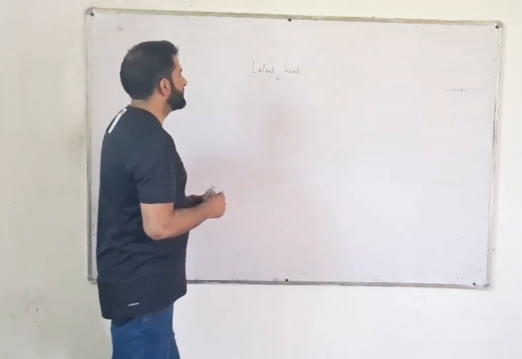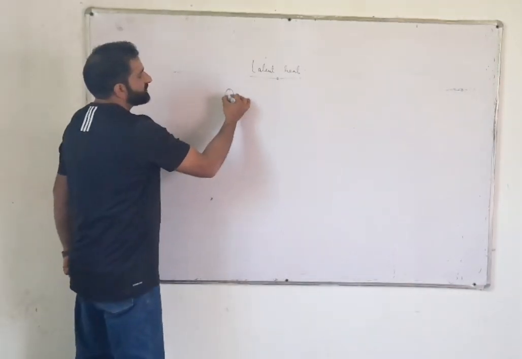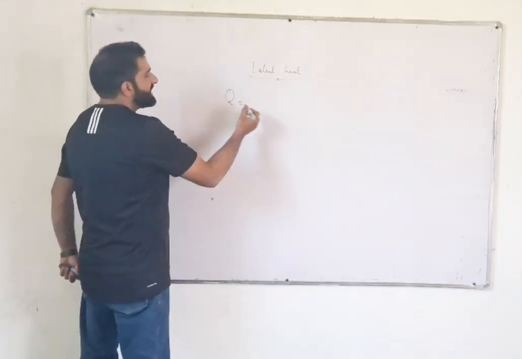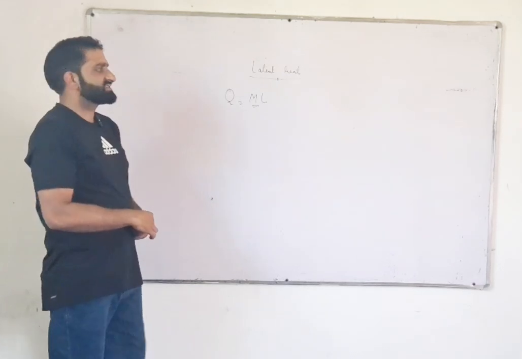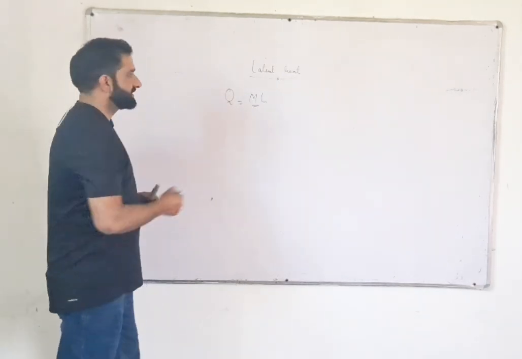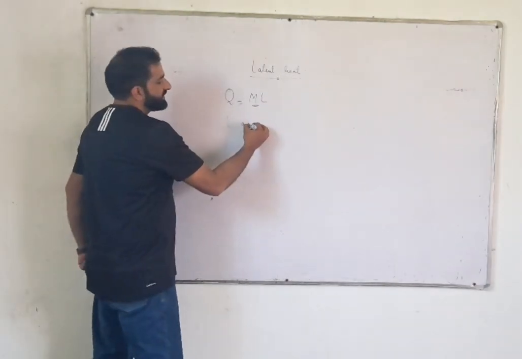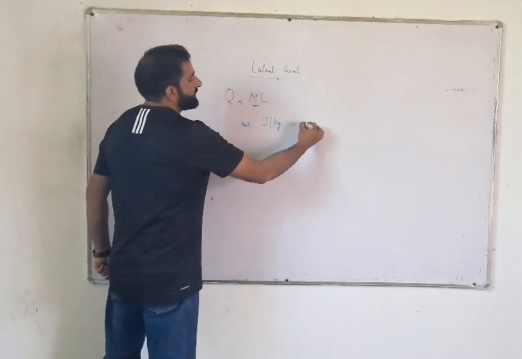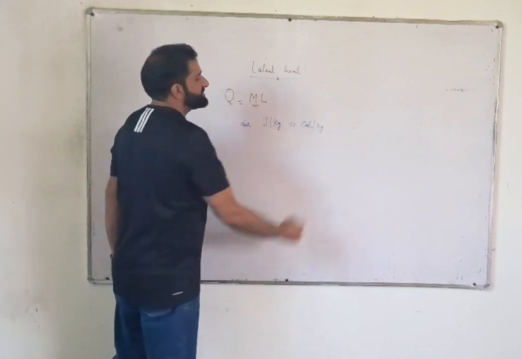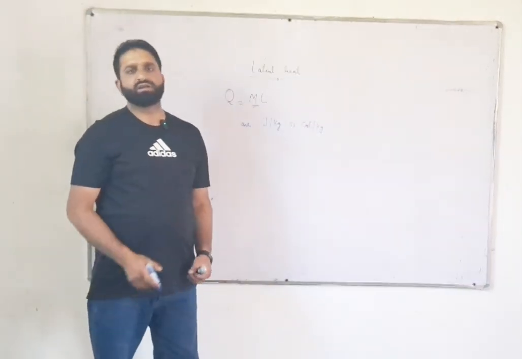Now the latent heat is given as: if Q is the amount of heat required, Q is equal to M into L, where M is the mass of the substance and L is the latent heat. The units of latent heat are joule per kg, or calorie per kg, or calorie per gram when we take it in grams.